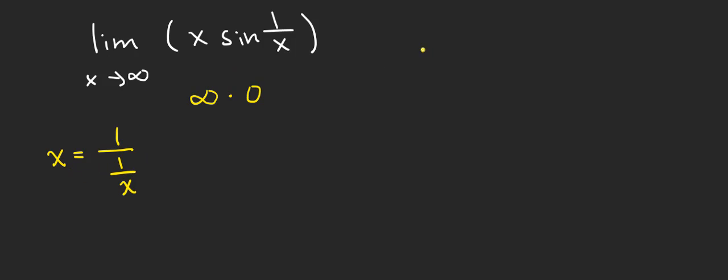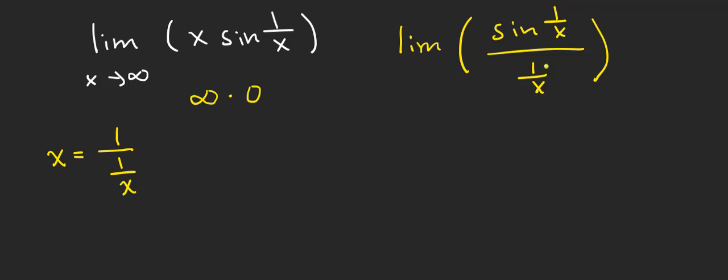So we're going to rewrite this as limit of sine of 1 over x over 1 over x as x goes to infinity. Now think about it. Is this the same thing as this expression? It is. I just rewrote x as 1 over 1 over x.